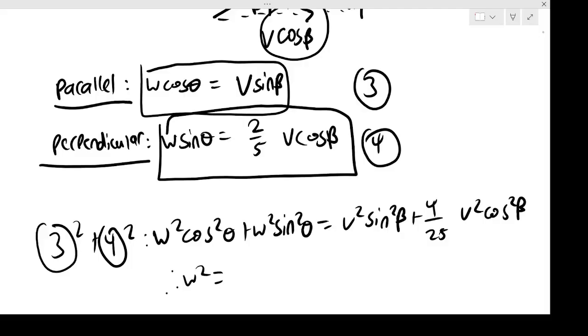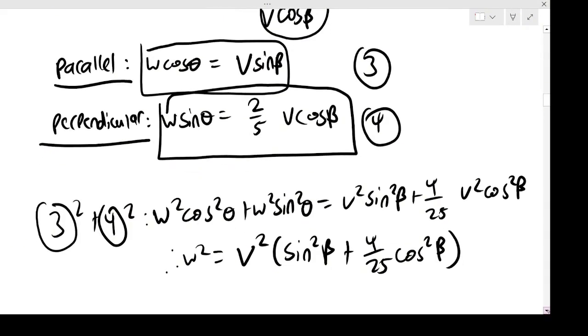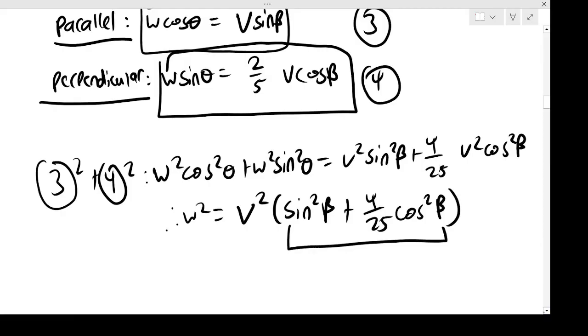Factoring out a V squared, we get W squared equals V squared times sine squared beta add 4/25 cos squared beta. I can't simplify this. It looks enticing to use cos squared and sine squared, but it won't work because the coefficients are different. So we're just going to have to substitute.